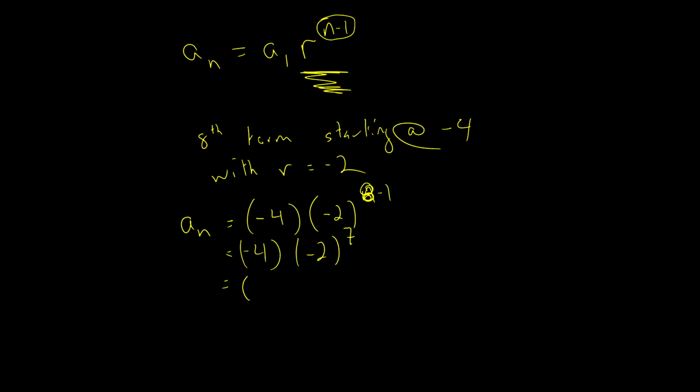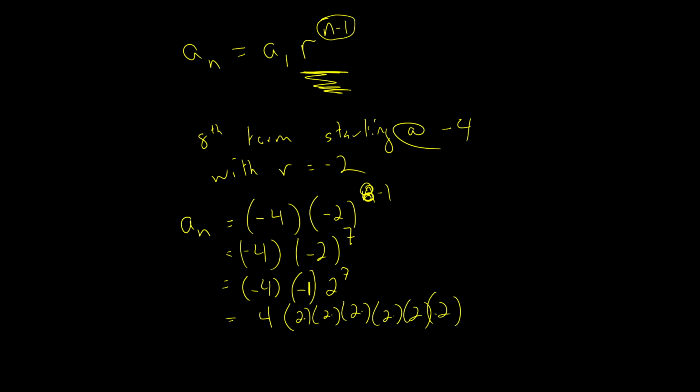Ooh, this is going to be a lot of multiplication for me, but the first thing I'm going to do is realize that this has to be negative because it's to an odd power. So I'm just going to pull the negative sign out front, and then I'm going to say 2 to the 7th. Because that's going to let me realize my answer is going to be positive. And I'm going to have 4 times 2 times 2 times 2 times 2, 1, 2, 3, 4, 5, 6, 7.